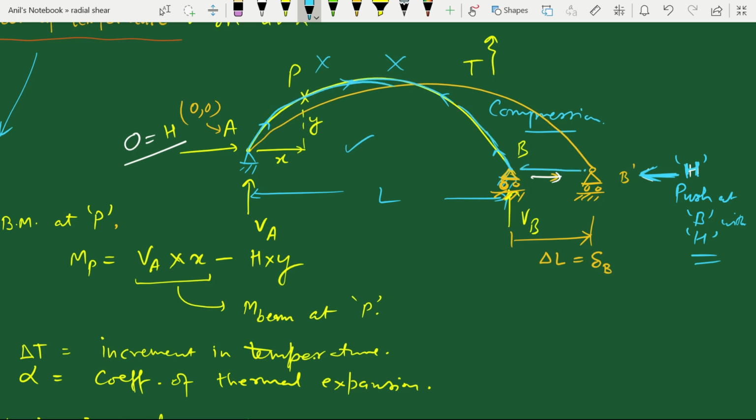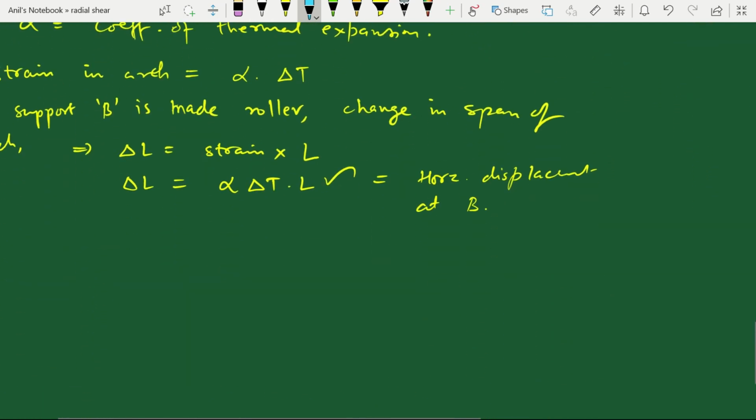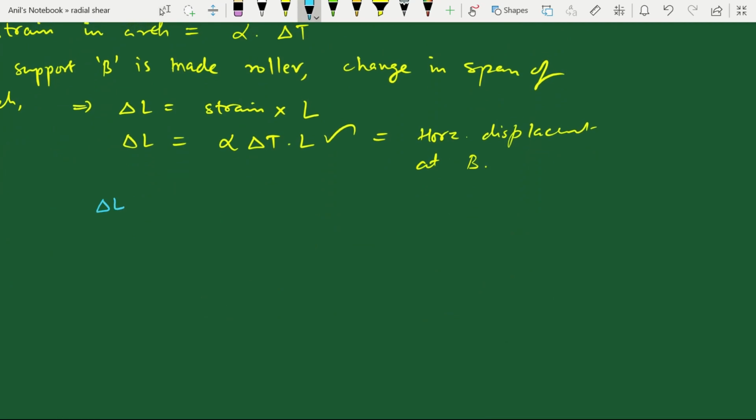So we are pushing it in this direction, B dash to B, by the same amount, that is delta L. So now we have delta L being reversed by a force H applied at B dash. So we have H towards left, delta L also towards left.